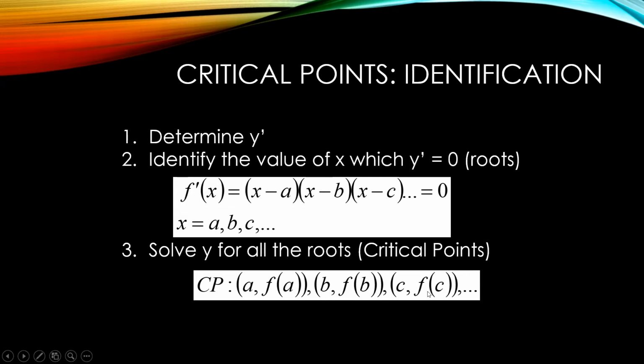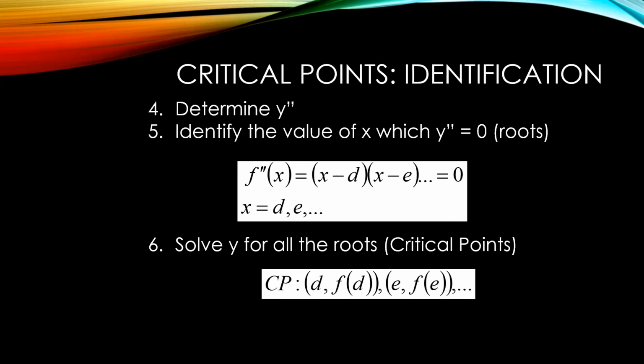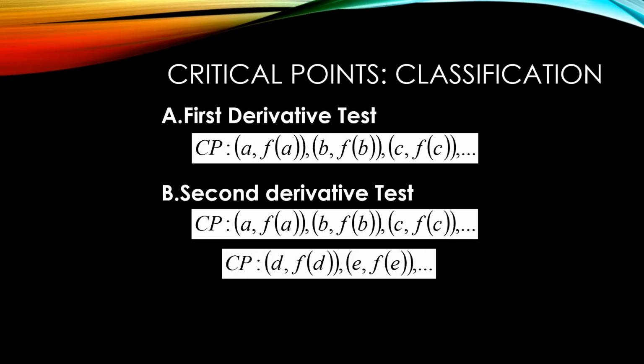I'll show this to you as we're solving later on. You also need to solve for y double prime because there might exist some more points. Then we have to identify if these points are critical points, basically maxima or minima, or simply points of inflection.